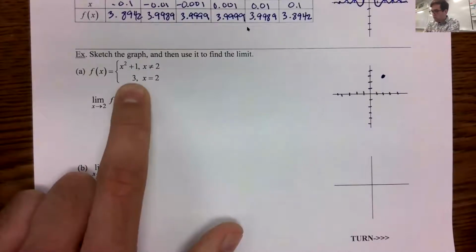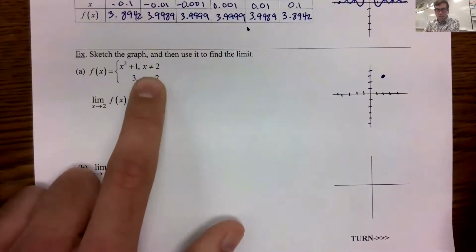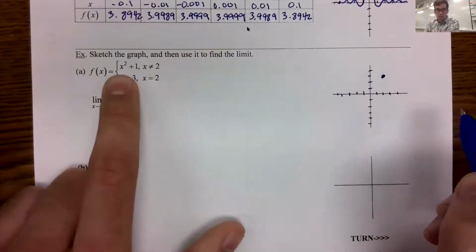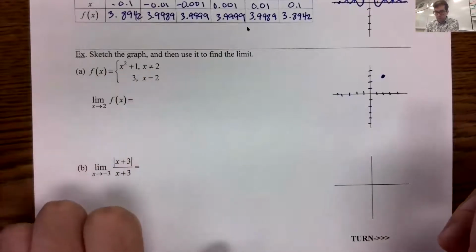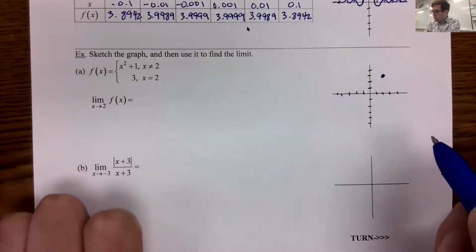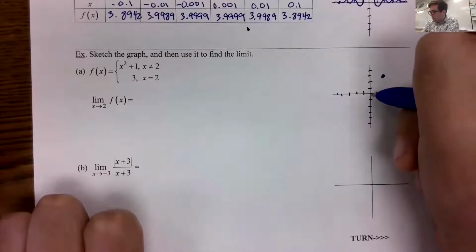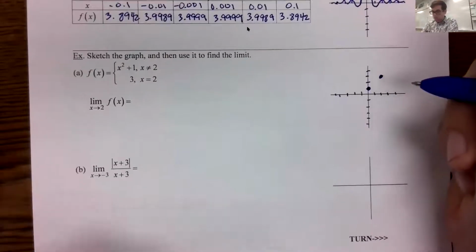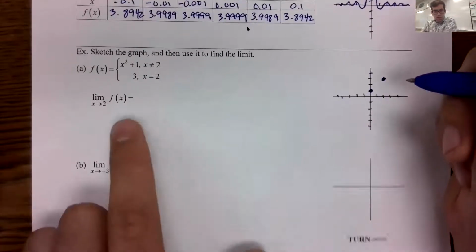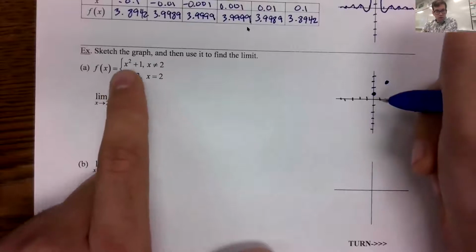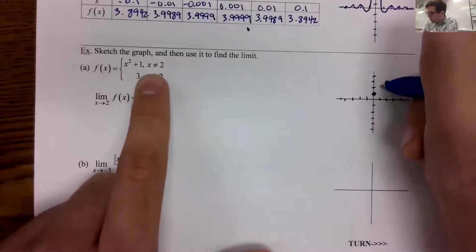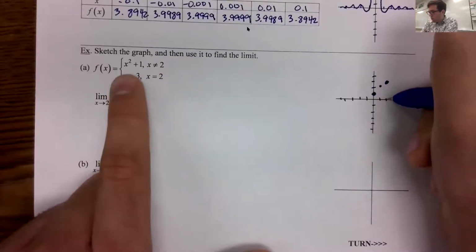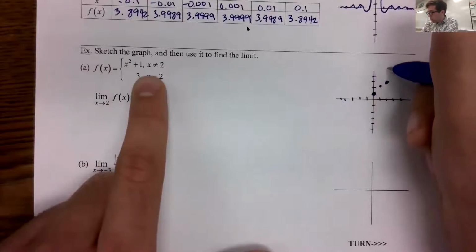And then the first part means when x is not 2, so anywhere else, we're going to follow the curve x squared plus 1. All right, so x squared plus 1 is a quadratic. It has a vertex at 0, 1. You can use your calculator to sketch this if you want. But let's try plugging in some points. So if we plug in 1 plus 1, we'll get 2. 2 squared is 4 plus 1 is 5, so it's going to be up here then.